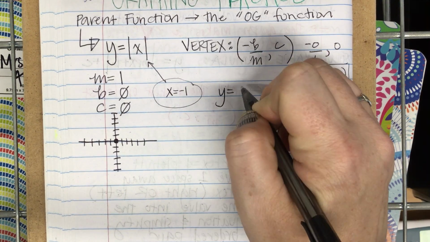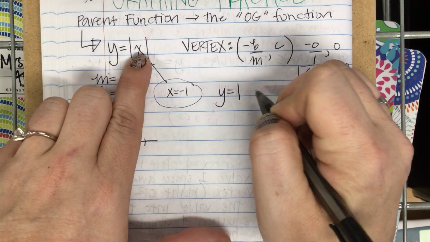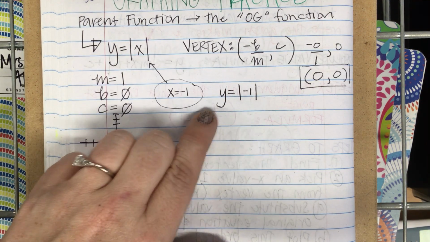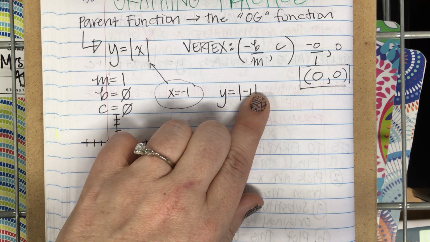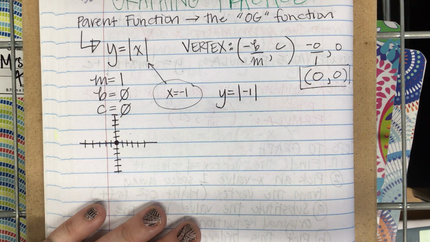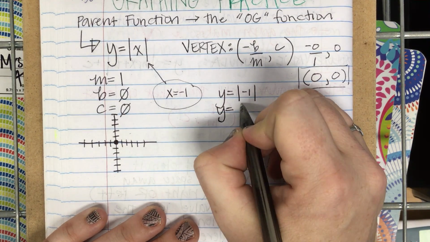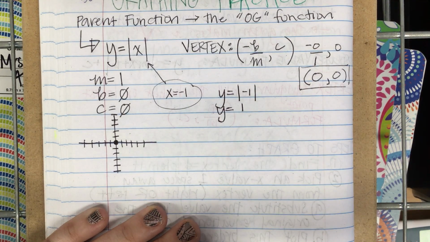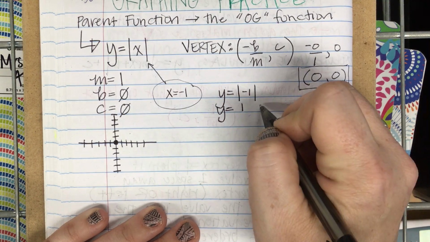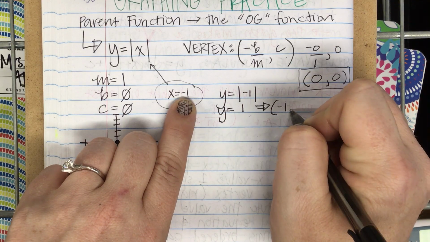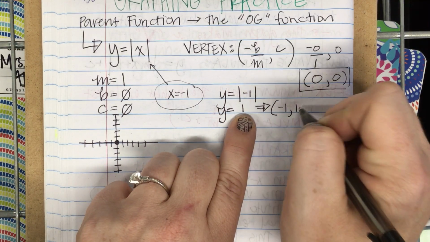Y equals the absolute value of -1. What is the absolute value of -1? So y equals 1. Making my ordered pair, my x value was -1 and my y value was 1.